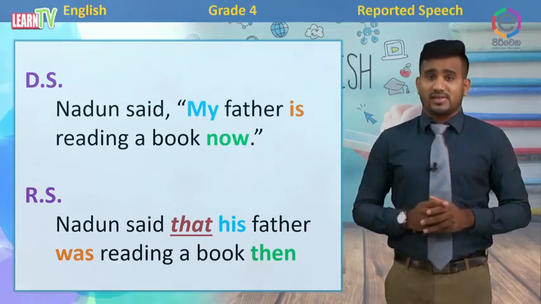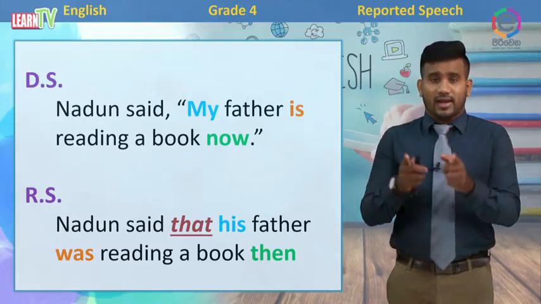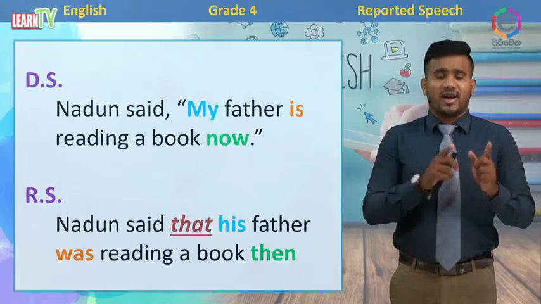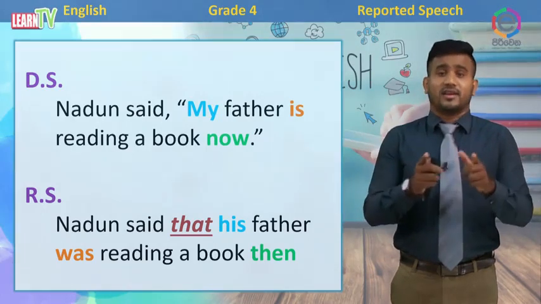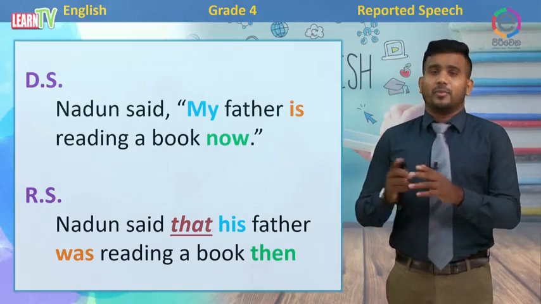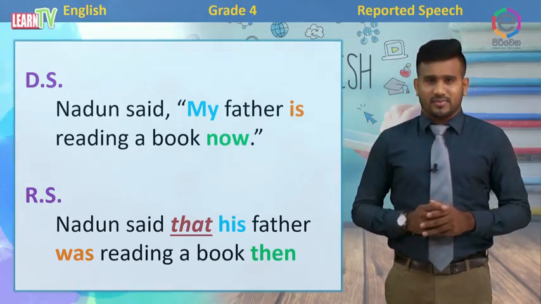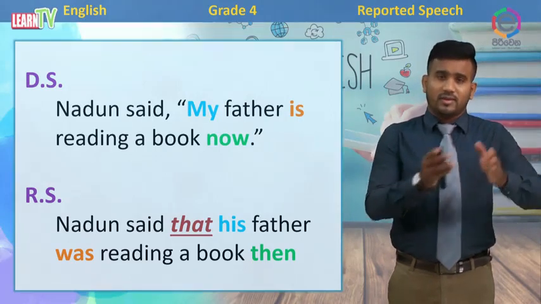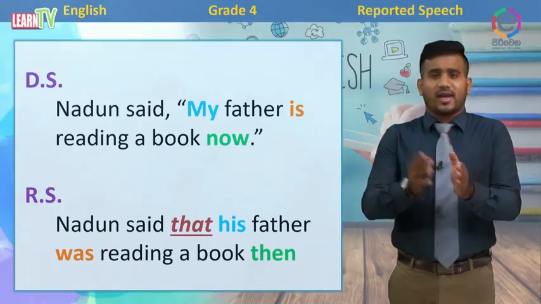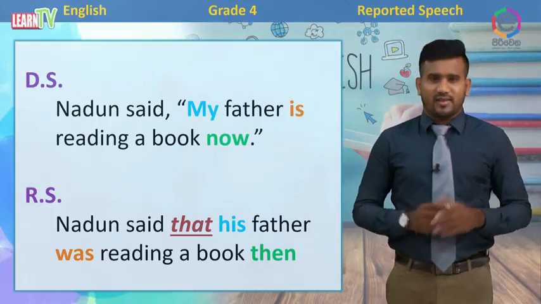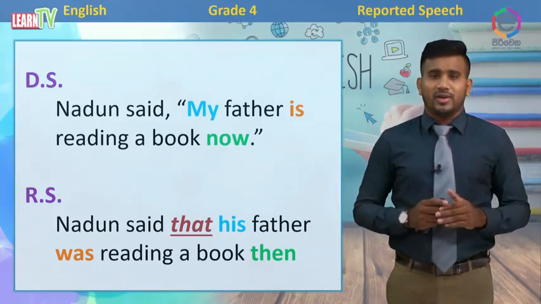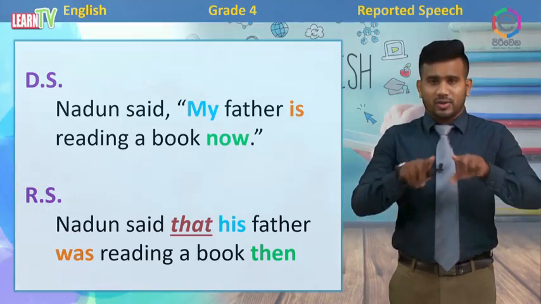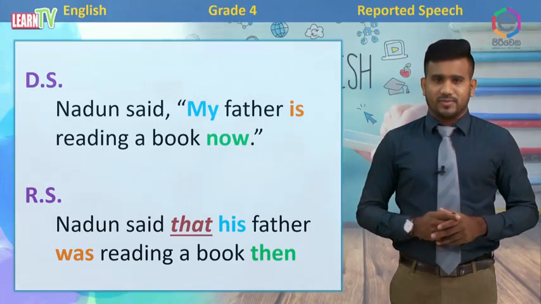As well as you can see the conjunction word that has been placed between IC, meaning introductory clause, and reported clause. In written language, we normally use the conjunction word that between those two clauses.